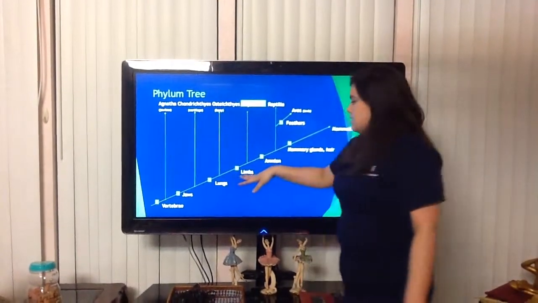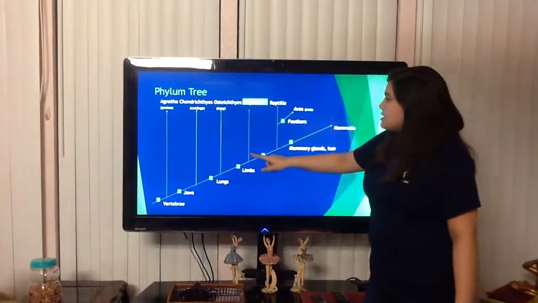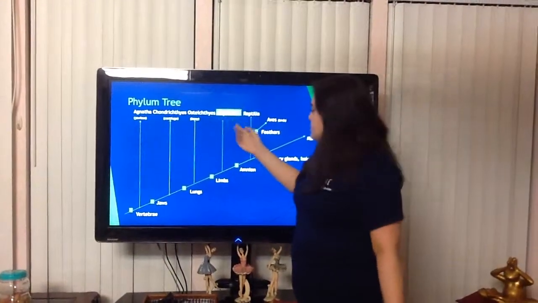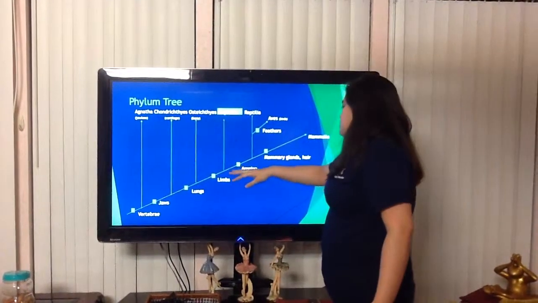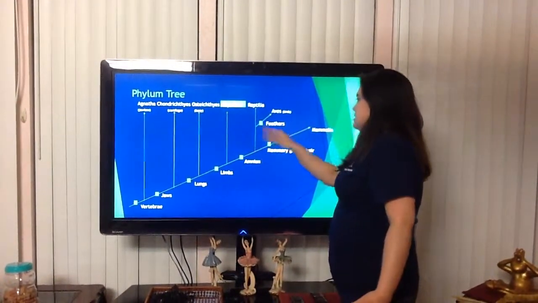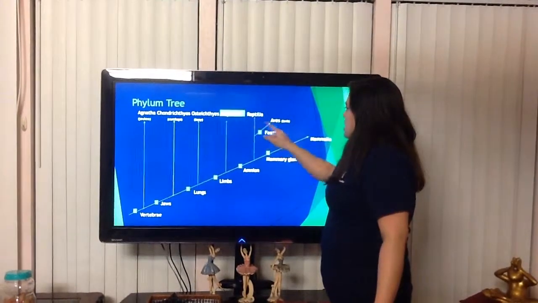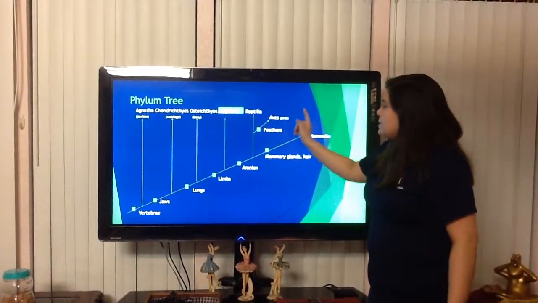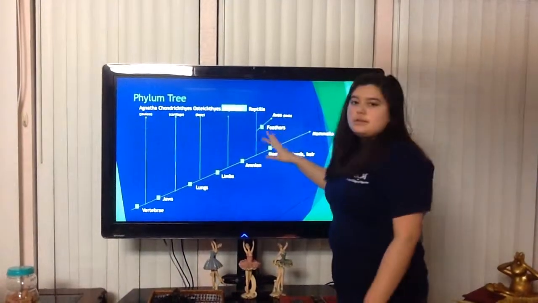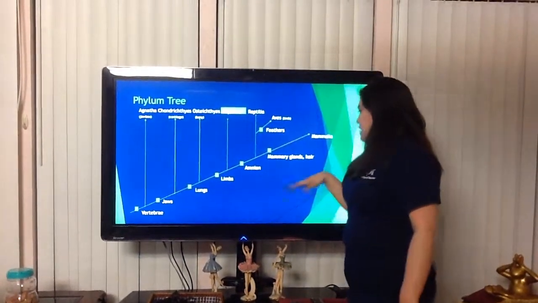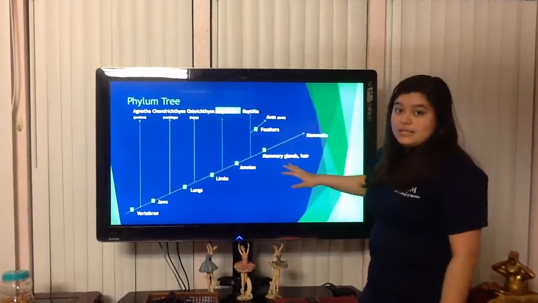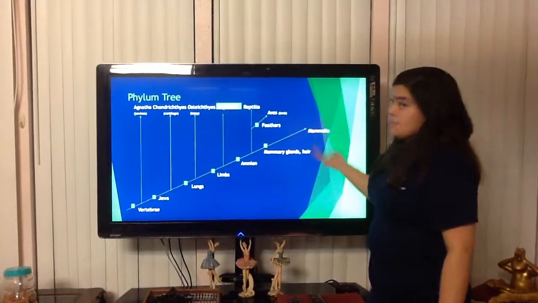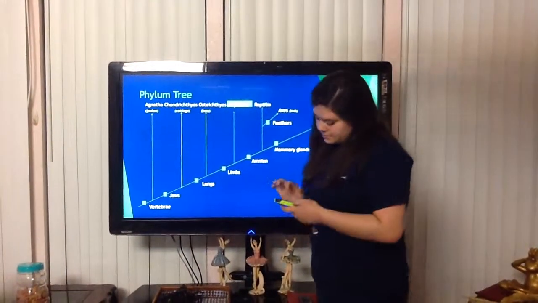After that we have the introduction of limbs, which brings us to amphibia, which is where the spadefoot toad is found. Following that we have the introduction of the amnion, which characterizes reptilia. Here we see that aves, or birds, branch off of reptilia because of the presence of feathers. And following that we have the introduction of mammary glands, or hair, which then characterizes mammalia, or mammals, at the end of the phylum tree.